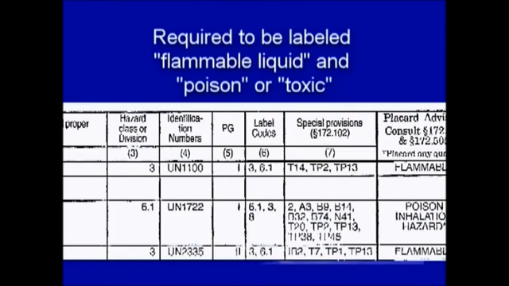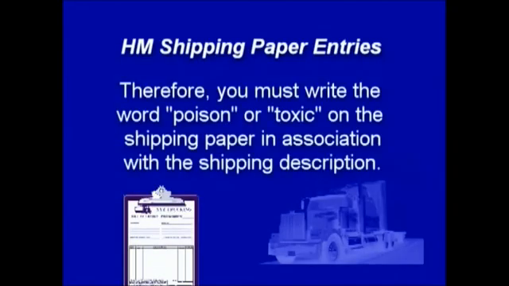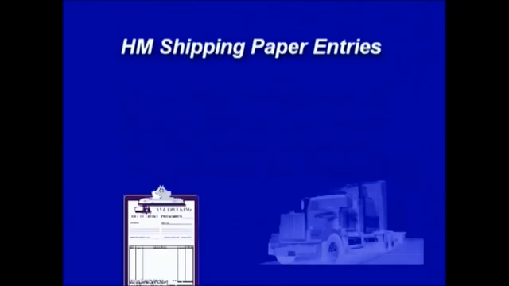The fact that this material is a poison or toxic is not indicated by the proper shipping name or by the hazard class. Therefore, you must write the word poison or toxic on the shipping paper in association with the shipping description.